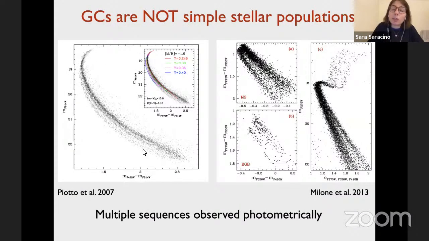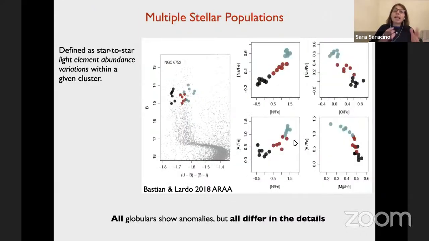So we were quite sure that globular clusters couldn't be considered simple stellar populations anymore, because all the different sequences, whether the SGB, the RGB or the main sequence, are not a single one, but all show some peculiarities. This is an indication that there is something there that we called multiple stellar populations.